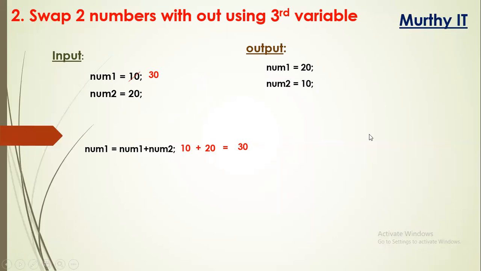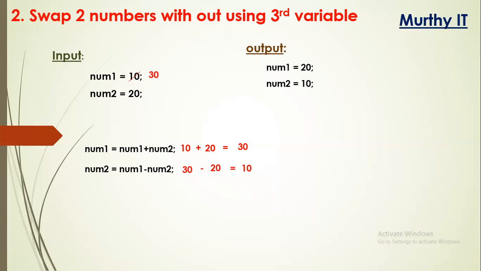So now we can say number 2 equal to number 1 minus number 2. In number 1, what is there? 30. In number 2, what is there? 20. So 30 minus 20 is 10.